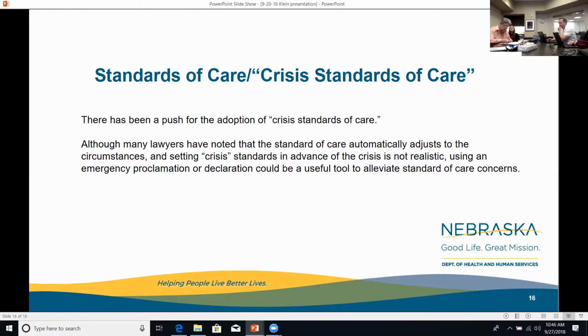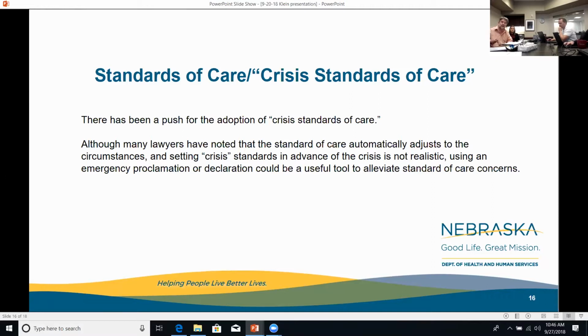So one of the problems with coming up with altered standards of care is that each emergency is going to be a little bit different. And to come up with pre-existing altered standards of care is really, in my opinion, impractical. Maybe impossible, but certainly impractical. I don't think you could come up with a one-size-fits-all.